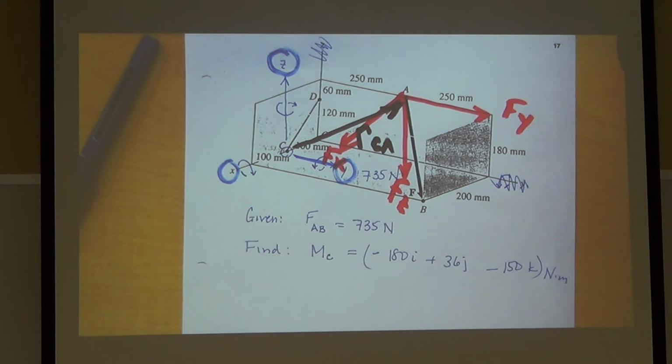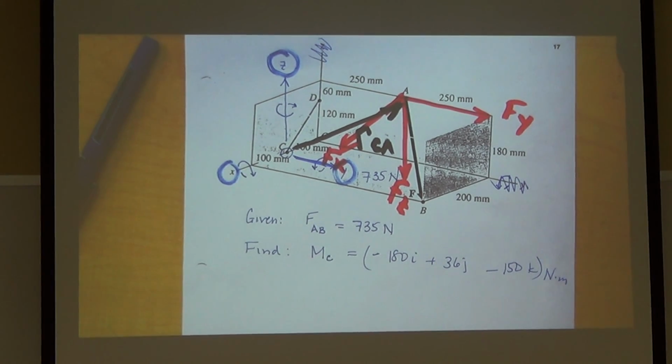So for force Y, where is there a zero moment? David? It's going to be in the y. Right. The force in the Y is going to be parallel to the Y axis through C, so the moment has to be zero.